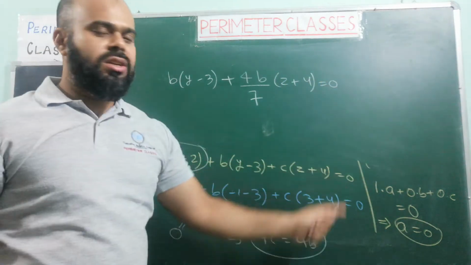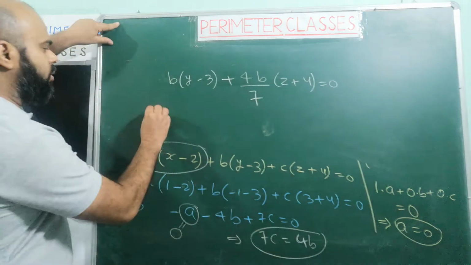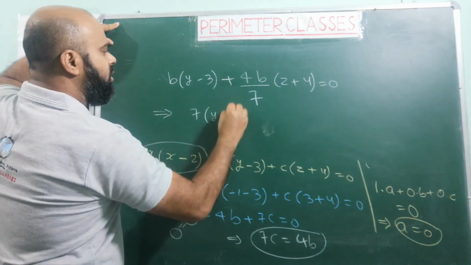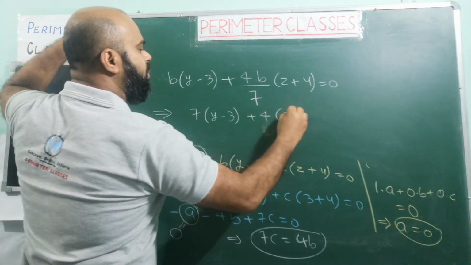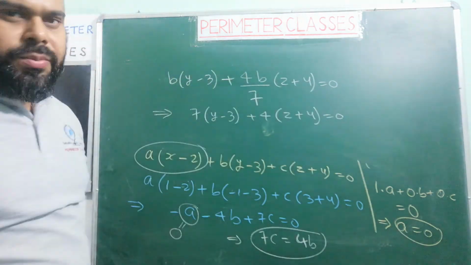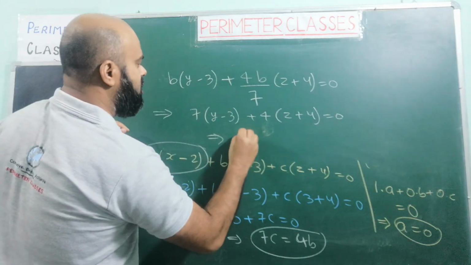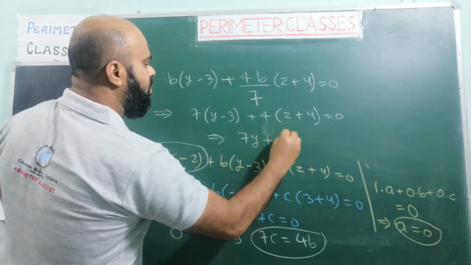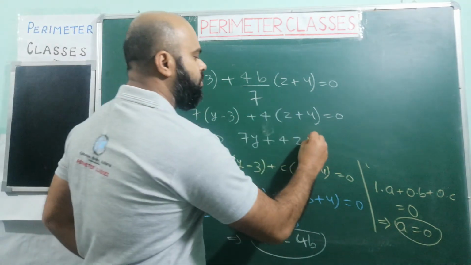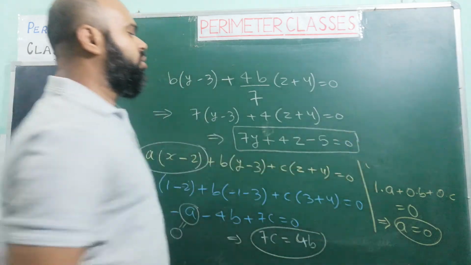In this equation, I have put the values of A, B and C as we have got. After taking LCM, 7 into y minus 3 plus 4 into z plus 4 is equal to 0, because B is taken as common and 0 by B is 0. So the final equation is 7y plus 4z minus 21 plus 16, which is minus 5, is equal to 0.